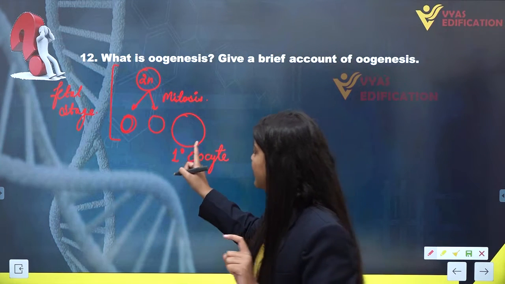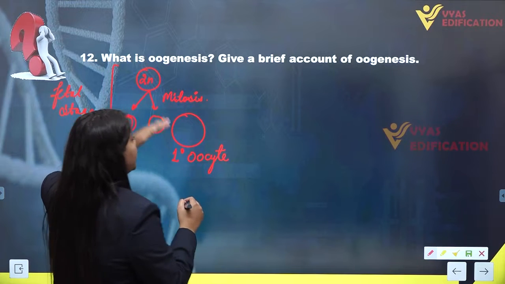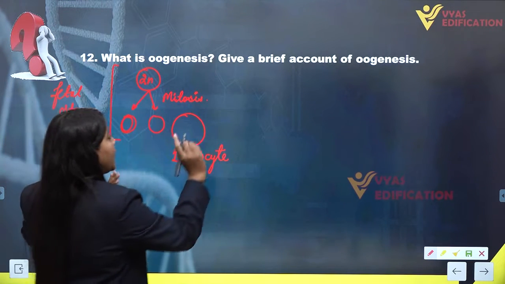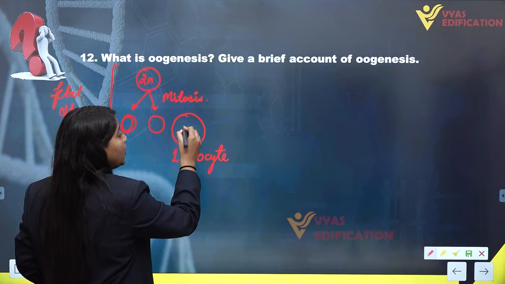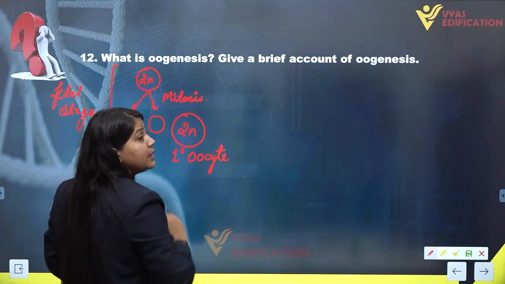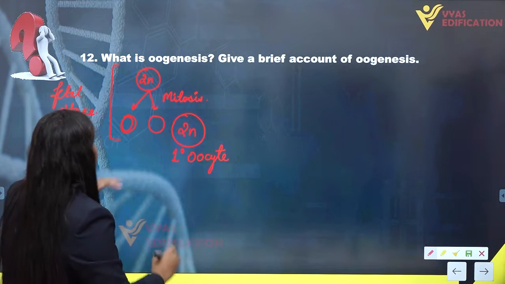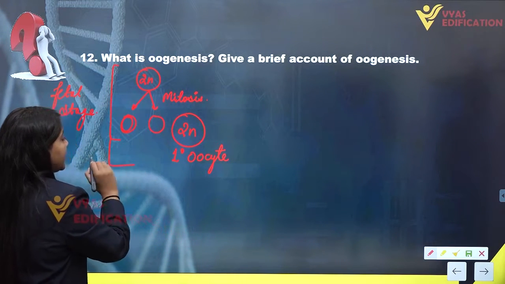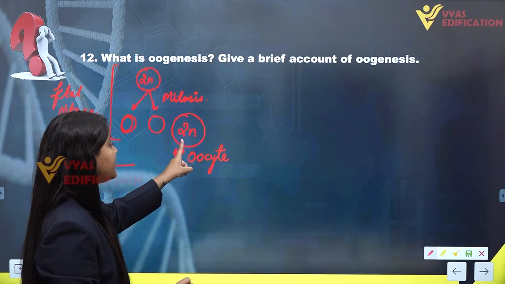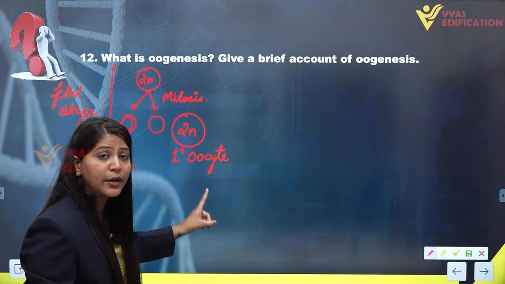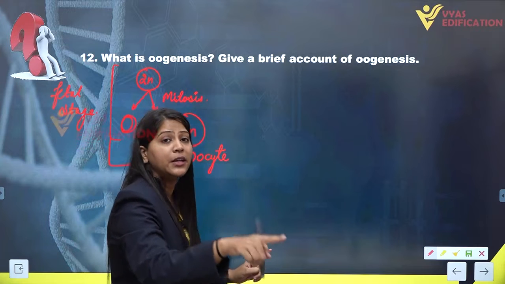As no meiotic division has completed, the primary oocyte will also be diploid in nature.